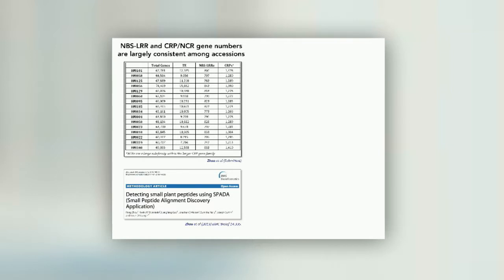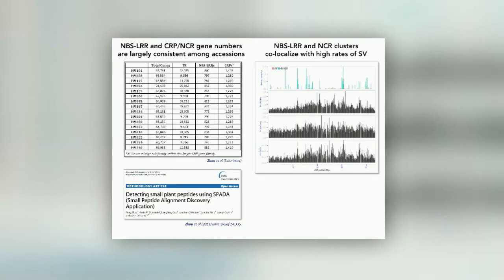And the same thing for CRPs. And about half of these CRPs are actually this NCR family. So the numbers stay quite constant, so that was an interesting discovery. We could look at, with high resolution, the distribution of different gene families along the chromosome. And so this x-axis is chromosome 5.